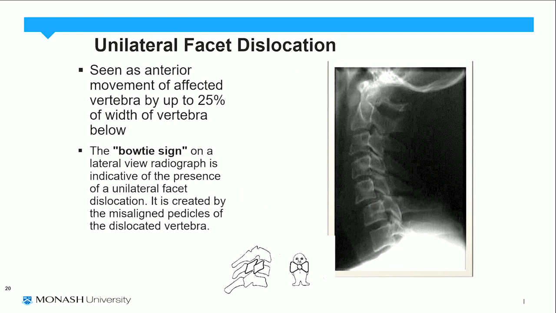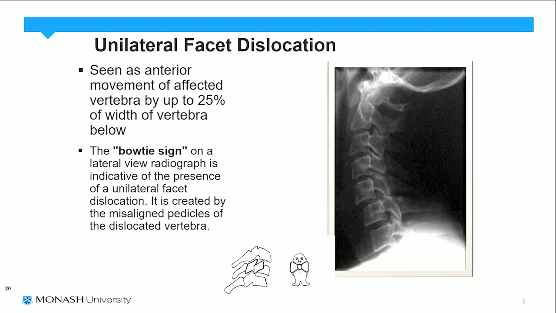When we look at unilateral facet dislocation, this is seen as anterior movement of the affected vertebra up to about 25% of the width of the vertebra below. So if again we look at C5, C6, we can see that C5 is displaced anteriorly.